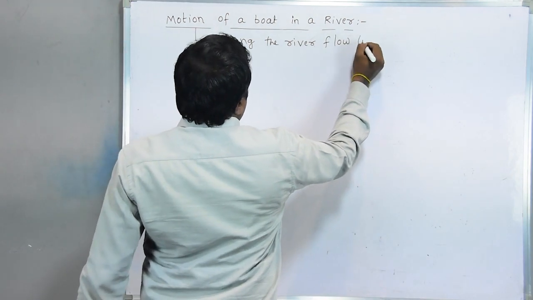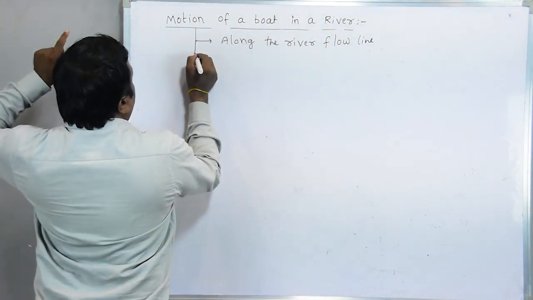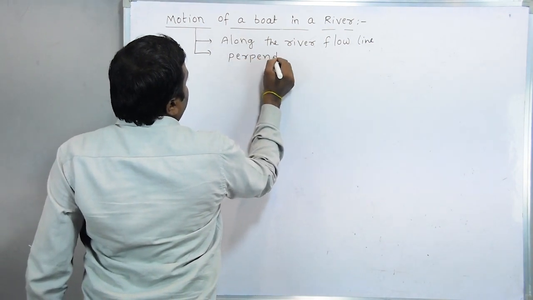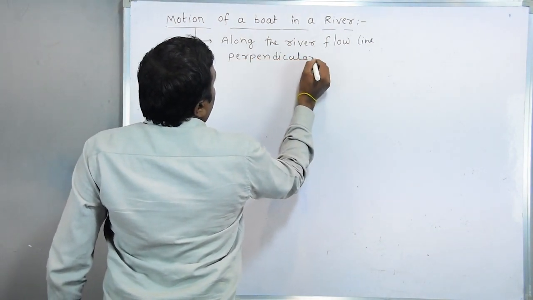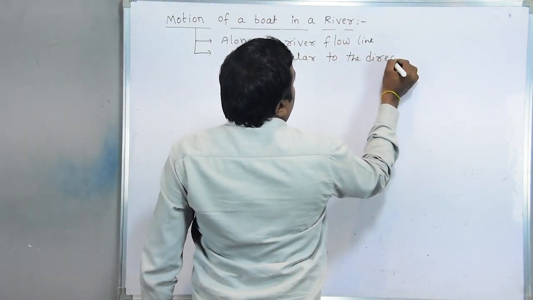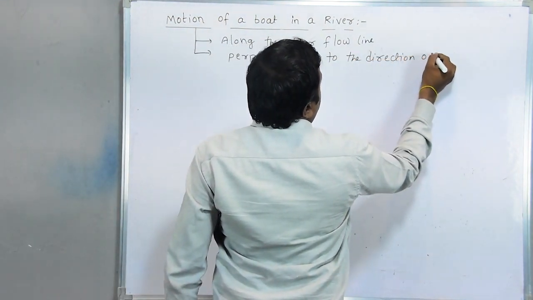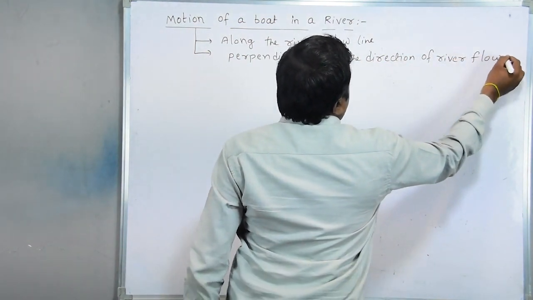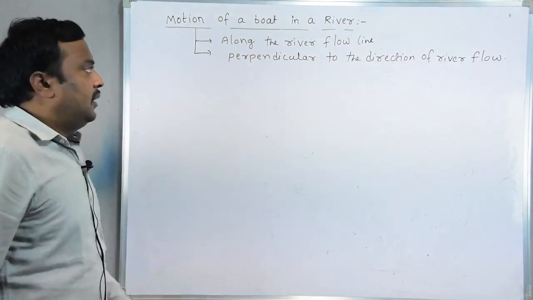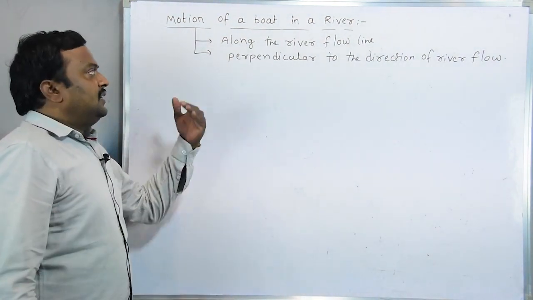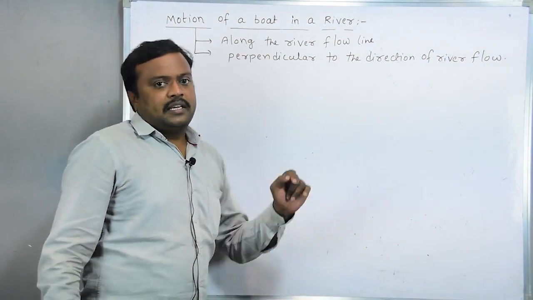Second possibility, perpendicular to the direction of river flow. In the first possibility also some cases will come. In the second possibility also some cases will come.